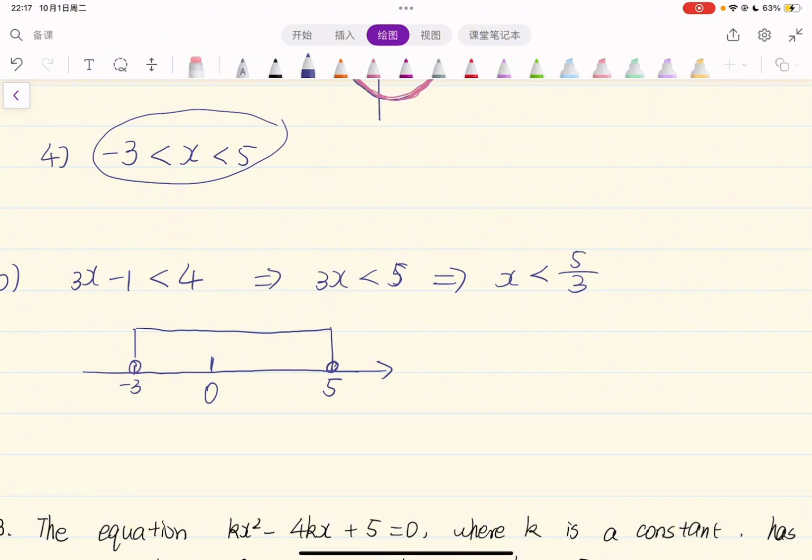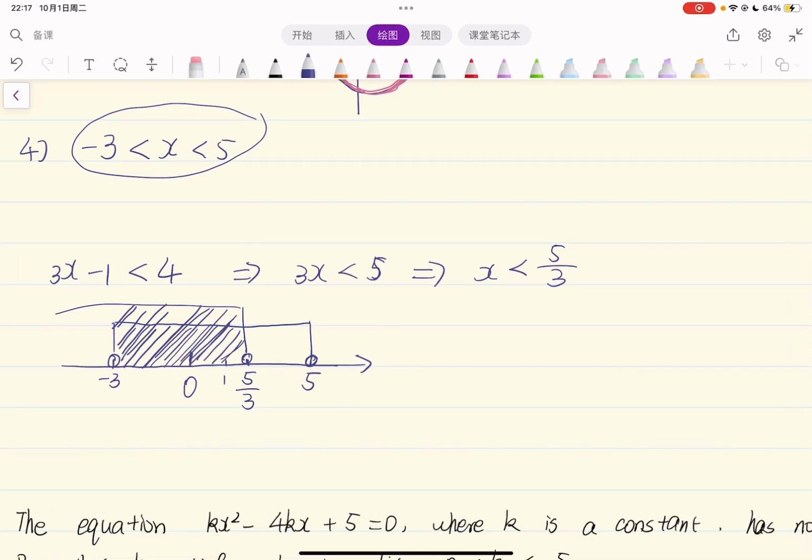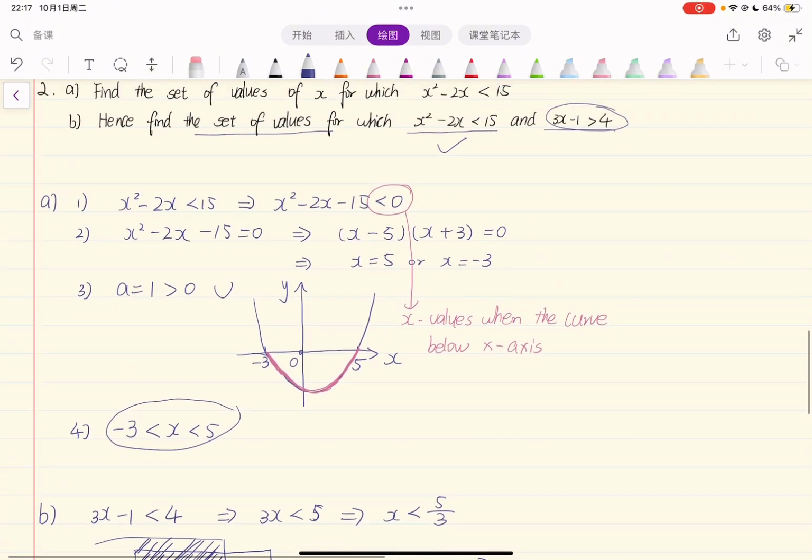So it's around 1 point something. Here is 1, so maybe here is 5/3. And less than that means it's on the left-hand side of that. And the overlap area is between minus 3 and 5/3, right? So this part. It implies that x less than 5/3 and greater than minus 3 satisfies both inequalities.